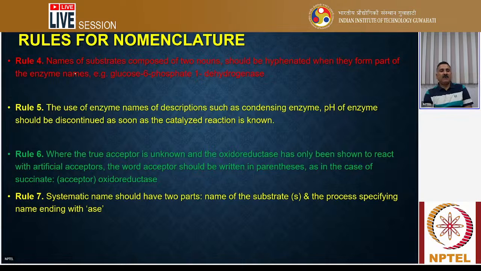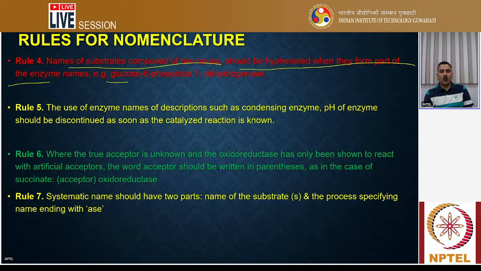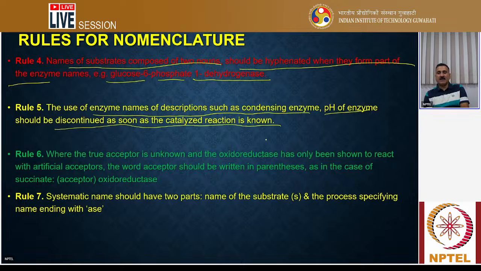Then rule 4: the name of a substrate composed of two nouns should be hyphenated when forming part of an enzyme name, for example glucose and phosphate, so you say glucose 6-phosphate 1-dehydrogenase. Rule 5: the use of enzyme names of description such as condensing enzyme should be discontinued as soon as the catalyzed reaction is known. This is also very much discouraged.